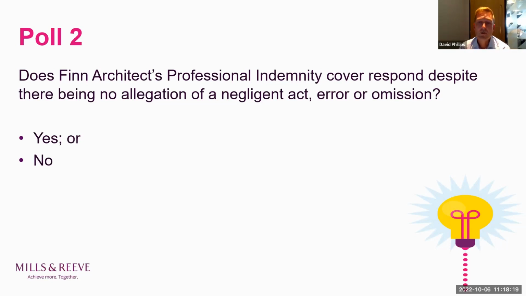So while the extension to the Defective Premises Act opens up a cause of action to a range of claimants who would otherwise perhaps not have had a remedy, either because they don't have a contractual relationship with the builder or the construction professional who is responsible for the defect, or simply because their claims are out of time, that's positive from a claimant's perspective.